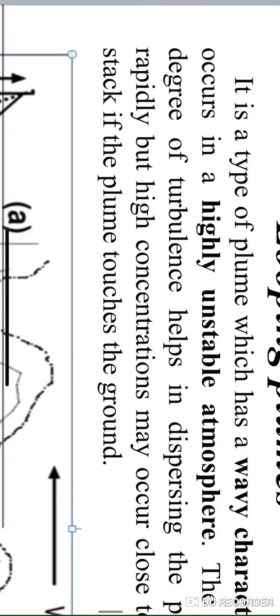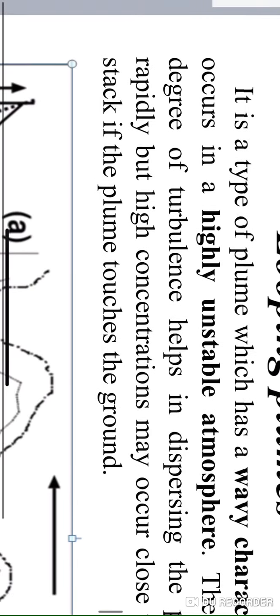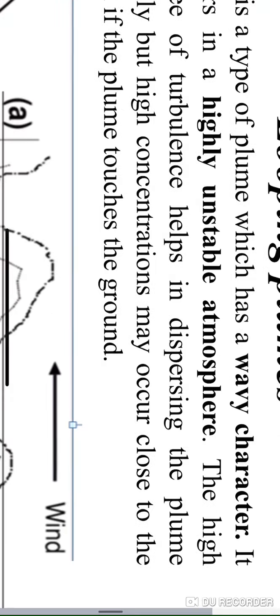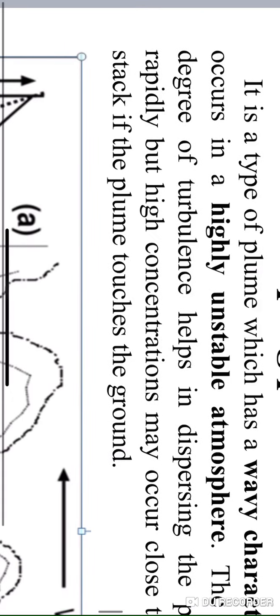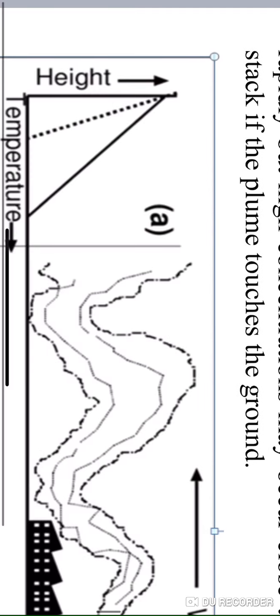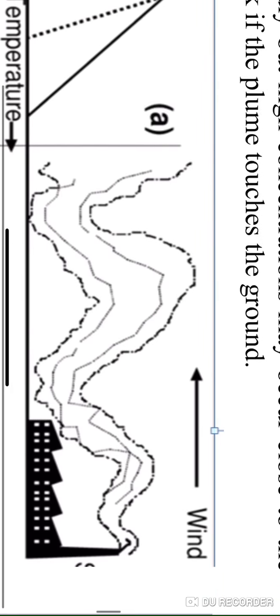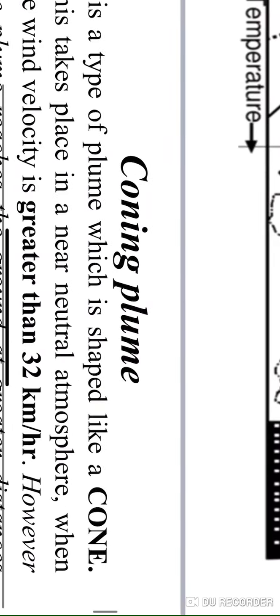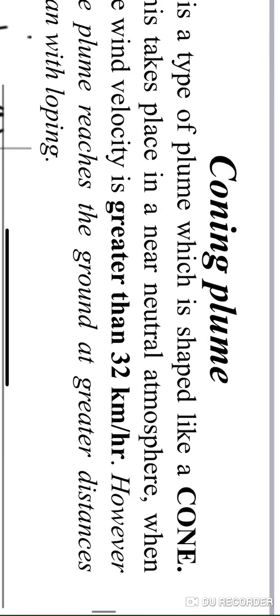The high degree of turbulence helps in dispersing the plume rapidly, but high concentration may occur close to the stack if the plume touches the ground. It may immediately touch the ground, and the people living in that nearby area may get affected. But still, if it is blowing continuously, it will carry pollutants a long distance.